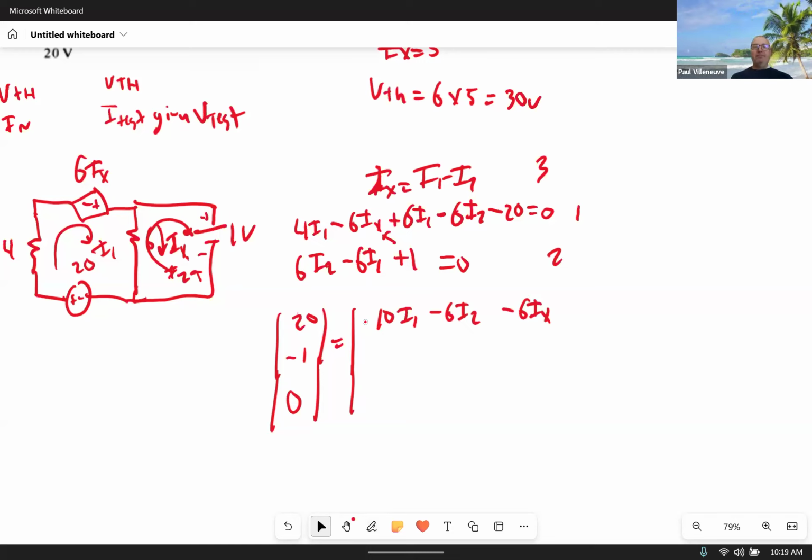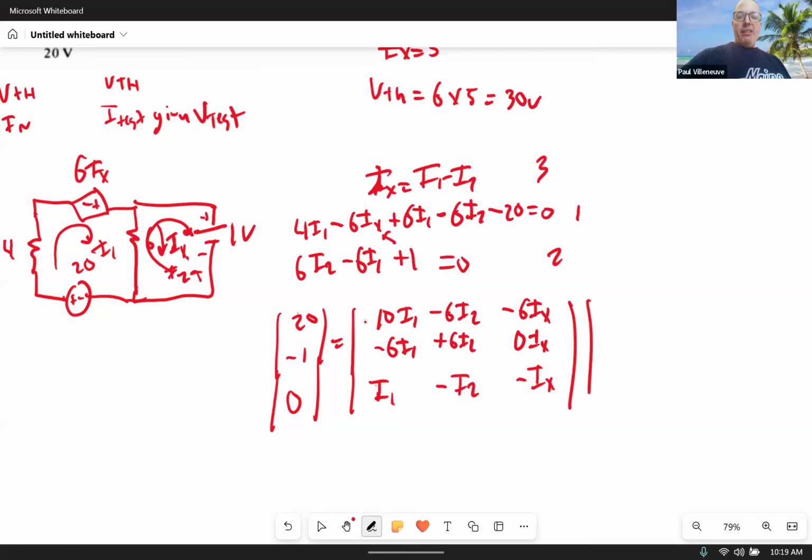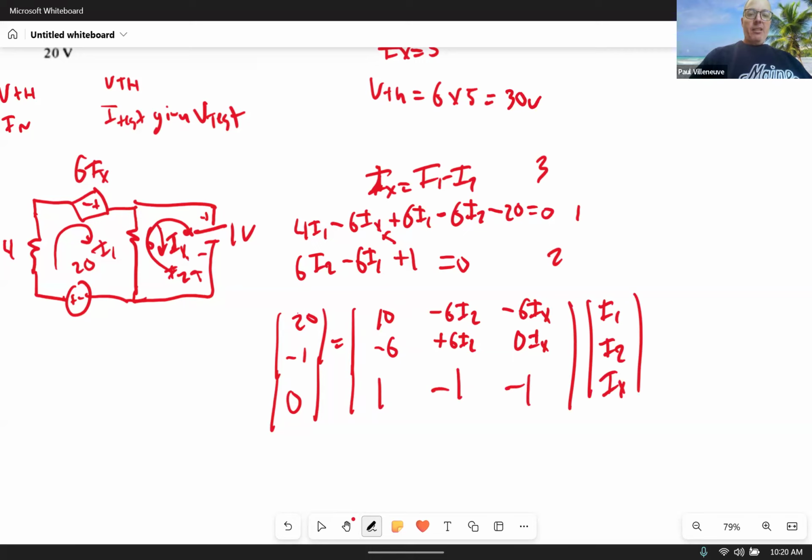My second equation is minus 6 I1, positive 6 I2, and 0 times IX. And over here I have I1 minus I2 and minus IX. I got a little bit crazy. I realized halfway that I included my variables in here, so technically I should erase all of these variables. So this becomes 1 minus 1 minus 1, and then these numbers just disappear.